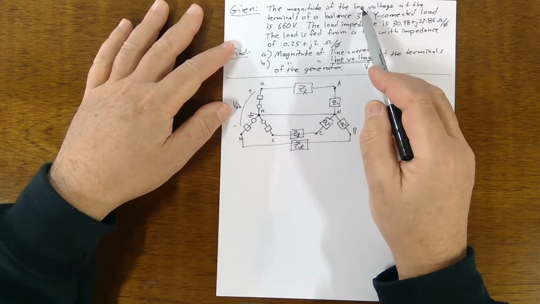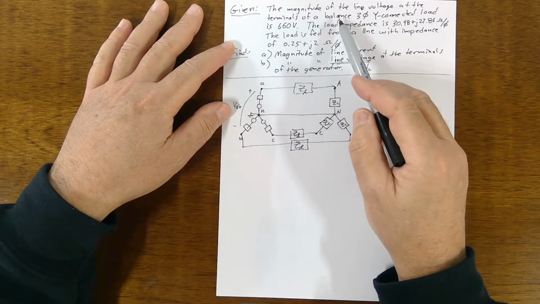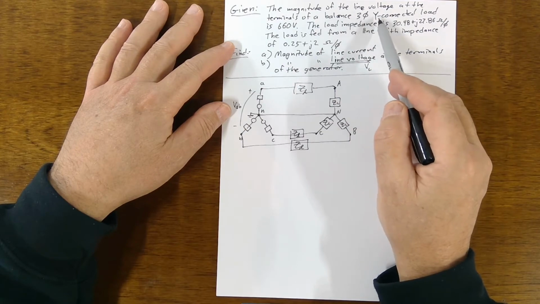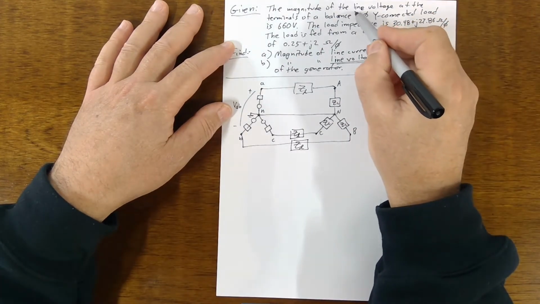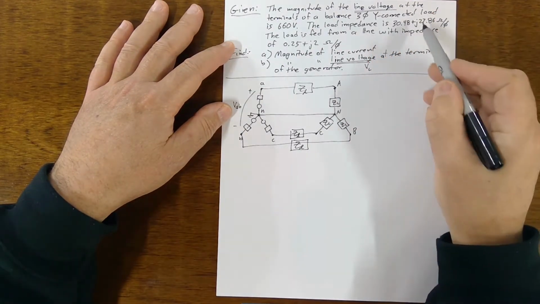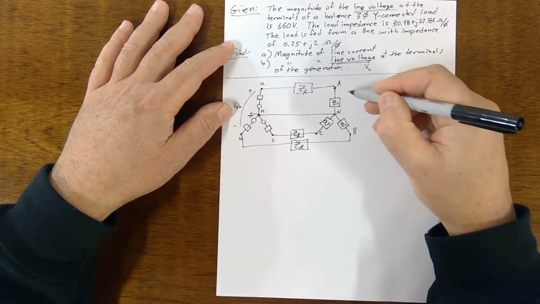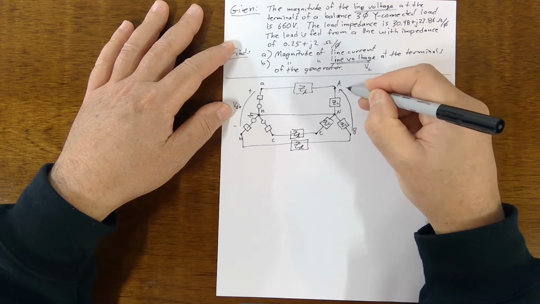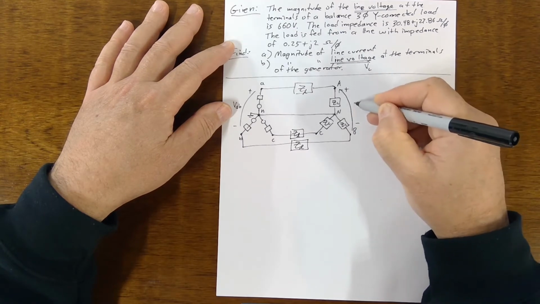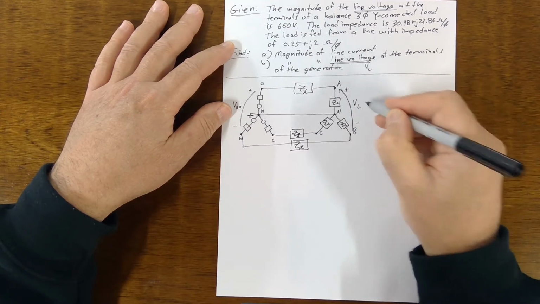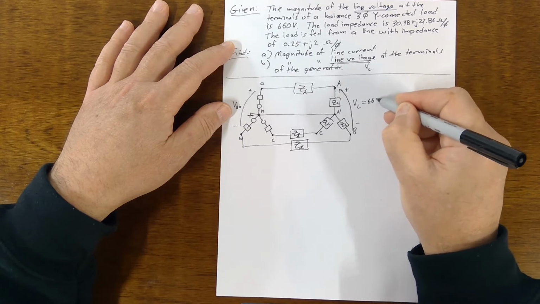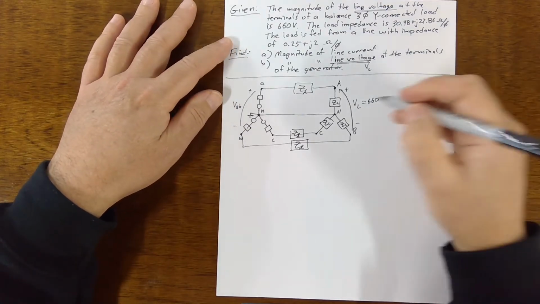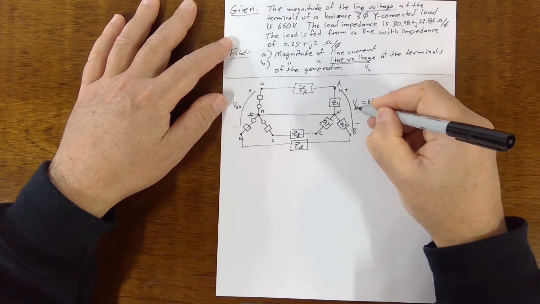Let's see, the magnitude of the line voltage at the terminals of a balanced three-phase load. So they're asking for line voltage at the terminals of the load. They're telling you this right here is V sub line. This is 660. Actually, specifically, this is V_AB.